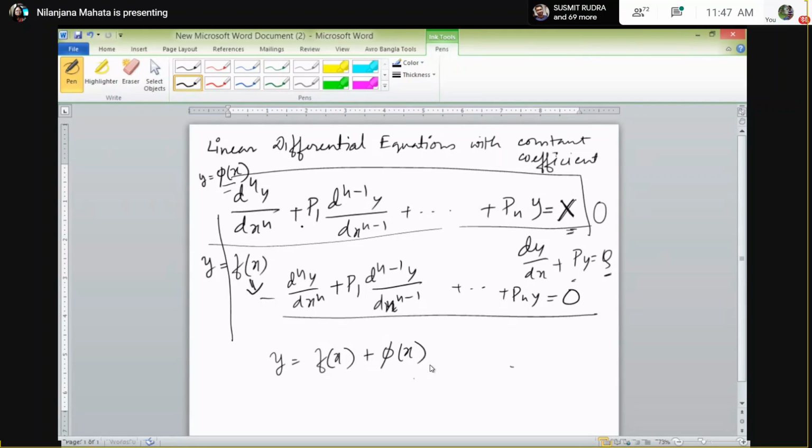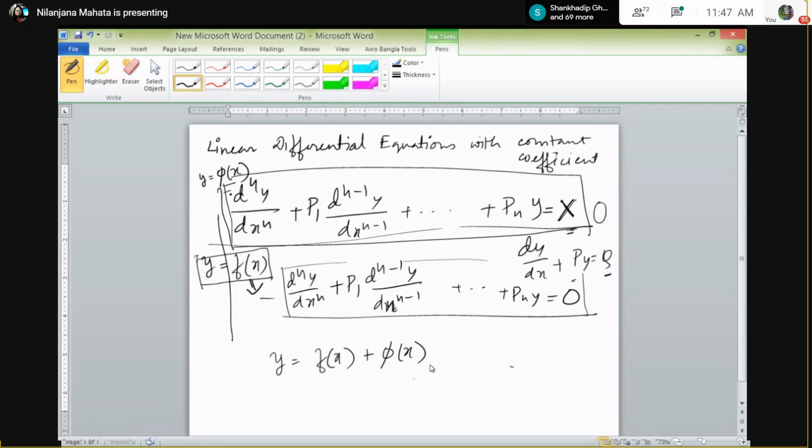I mean this equation, where the right side is not 0. First, we will find a general solution y is equal to f(x) of the homogeneous equation.